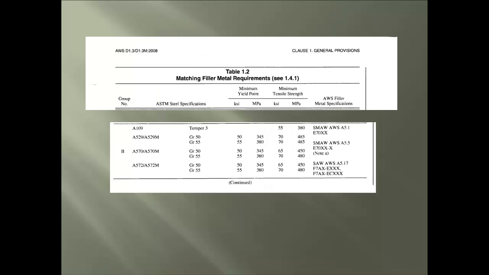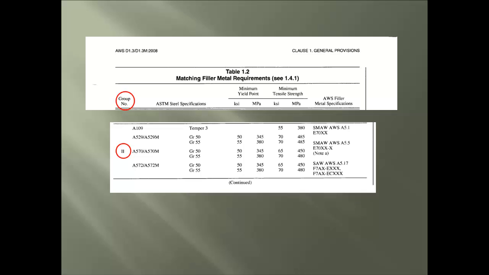Here we see the AWS Table 1.2, and we will take a closer look at this section of the table. The QC and QA professional needs to understand that these two parts of the table must work together for finding the correct information. So first is the grouping callout.